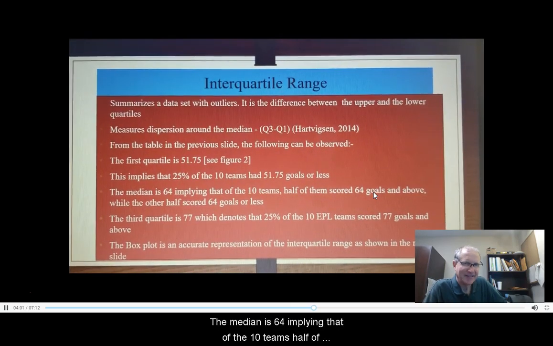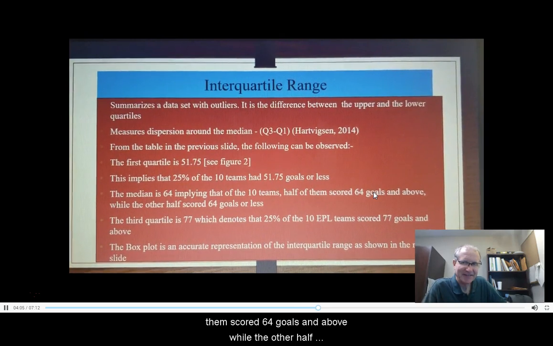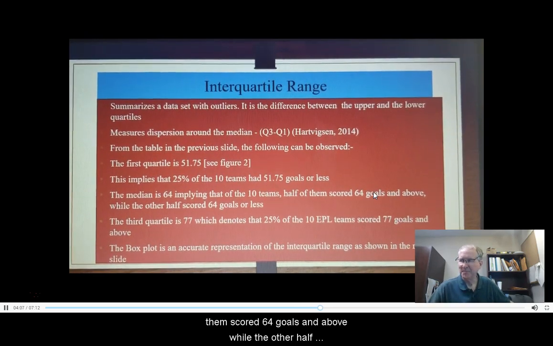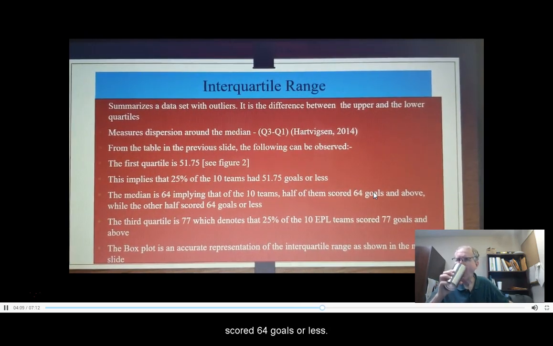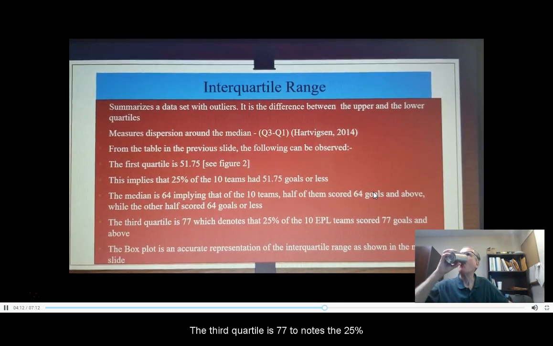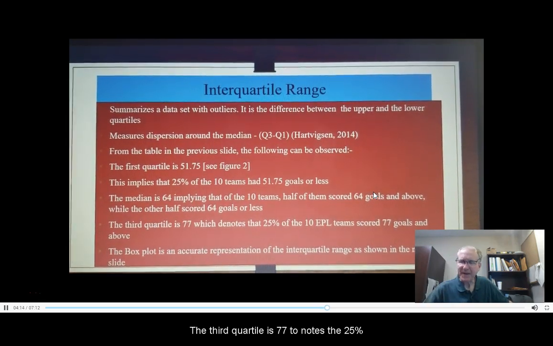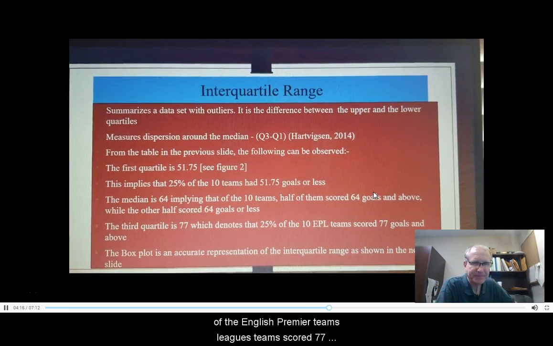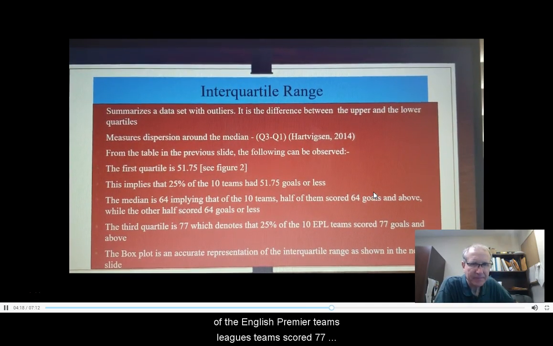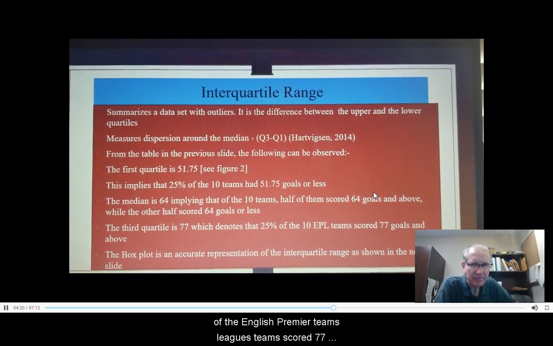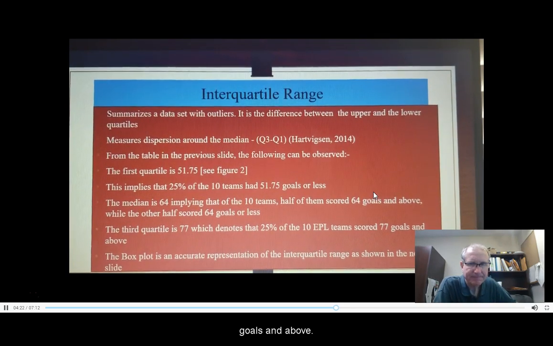The median is 64, implying that half of the 10 teams scored 64 goals and above, while the other half scored 64 goals or less. The third quartile is 77, which denotes that 25% of the English Premier League teams scored 77 goals and above.